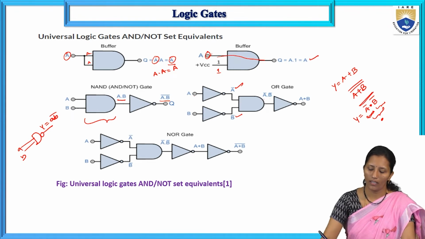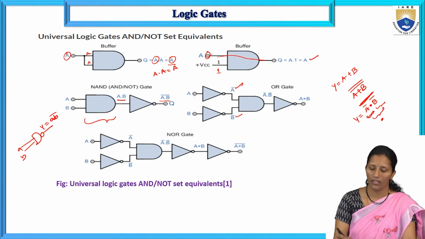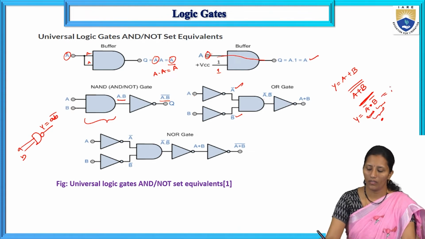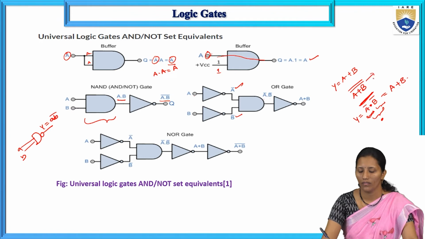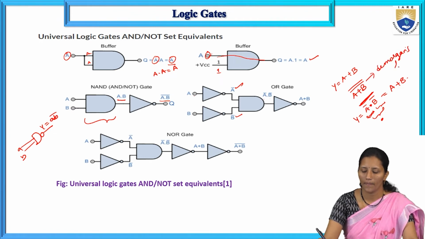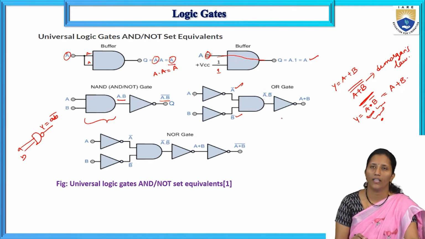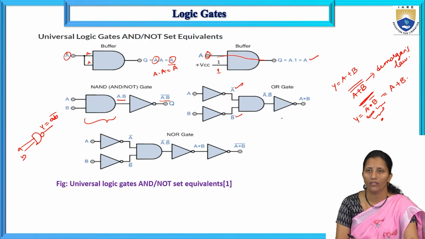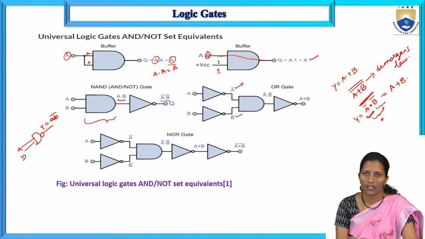But we have another complement here, so to get that we give it to the NOT gate. So this is equivalent to A plus B. By applying De Morgan's law, we can realize the OR function using AND and NOT gates only.